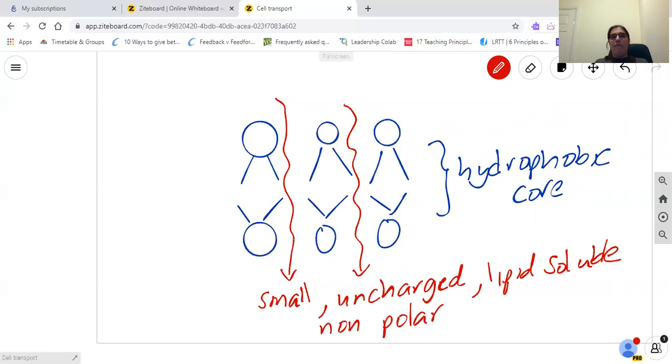Any other particles, so the large ones, the charged ones, the water-soluble ones, and the polar ones, can't go through by simple diffusion. They are going to have to go through the membrane by a different route.